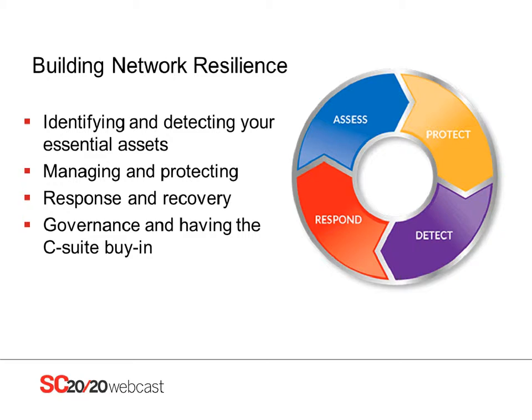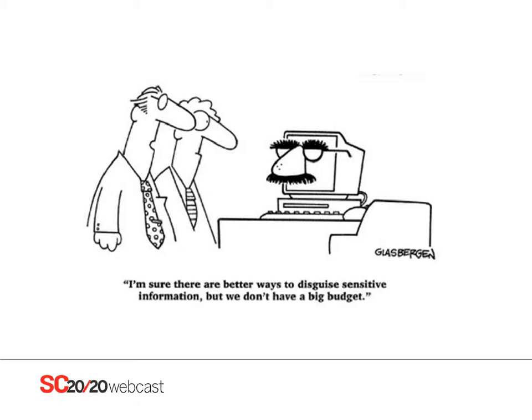When you think about it, the first three parts of building a resilient network, as we talked about, really are not rocket science. We talk to CISOs all the time about these kinds of issues, but not always at the same time. We seem to break these pieces apart.